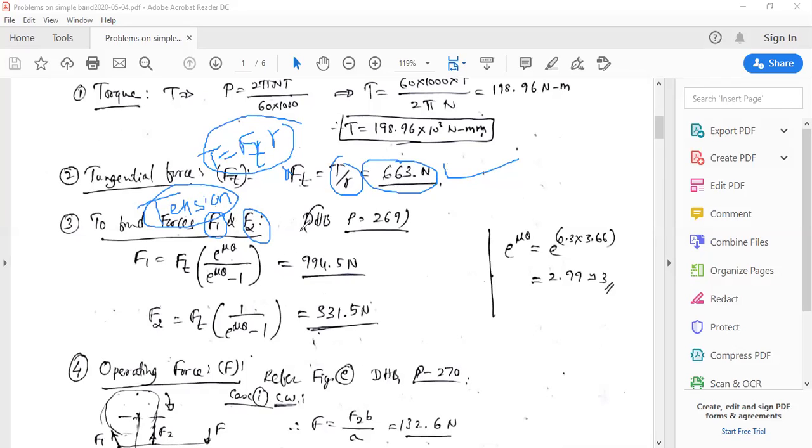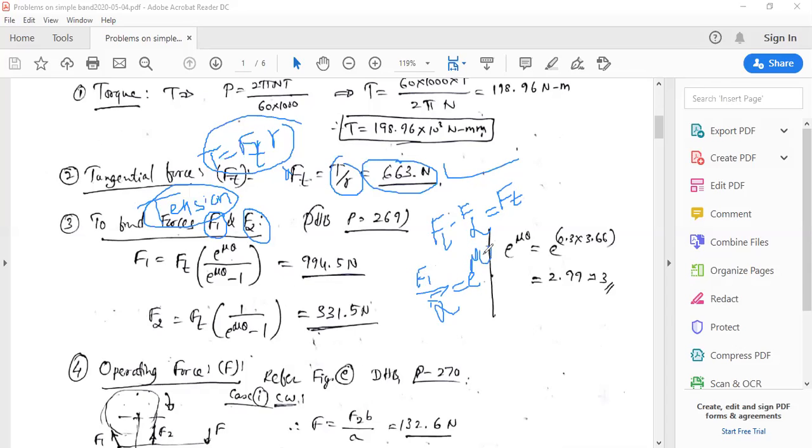So we can get the values of F1 and F2 here. As we have already discussed in the previous session, F1 minus F2 is equal to Ft. This is one of the equations, and another equation is the driving tension ratio, F1 by F2 is equal to e raised to mu theta.